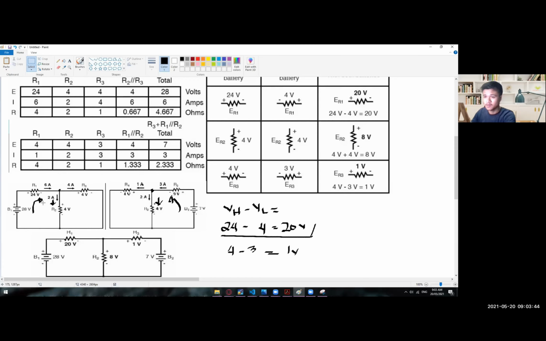The one that we are considering here is the flow of current. If they have different flow, of course, whichever is higher is the one that is going to dominate the entire flow of current. Well, that only happens on our R1 and R3.